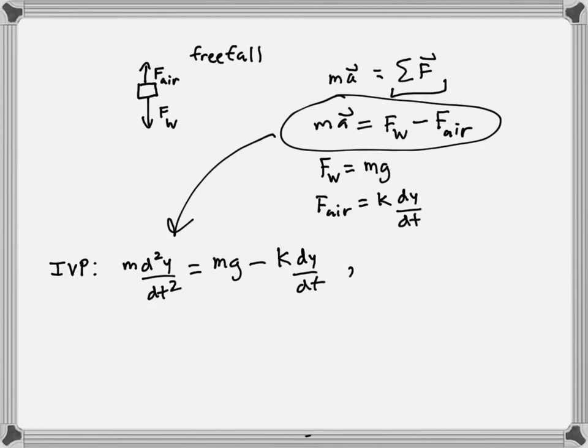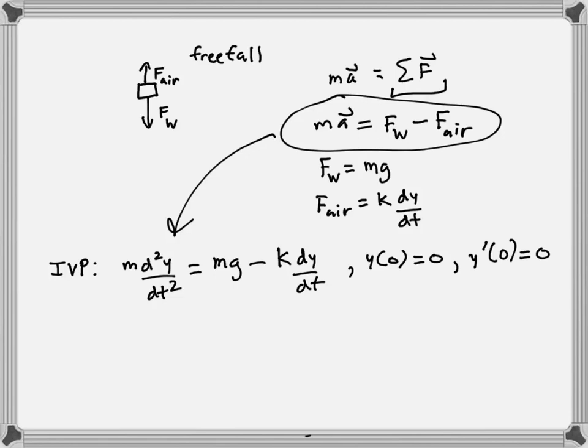And then y of 0 is equal to 0, because at 0 seconds, when we're just letting the object go, it hasn't moved yet. In other words, the distance traveled is 0, and because it's going from rest, y prime of 0 also has to be 0, because at the beginning its velocity is 0.